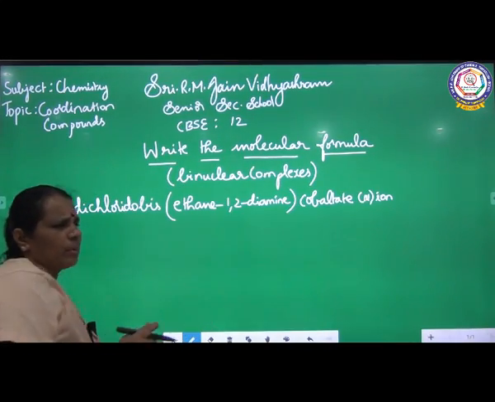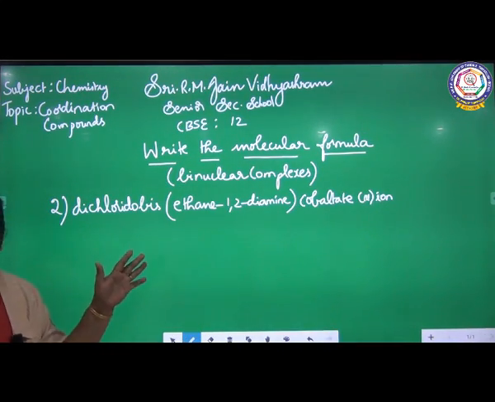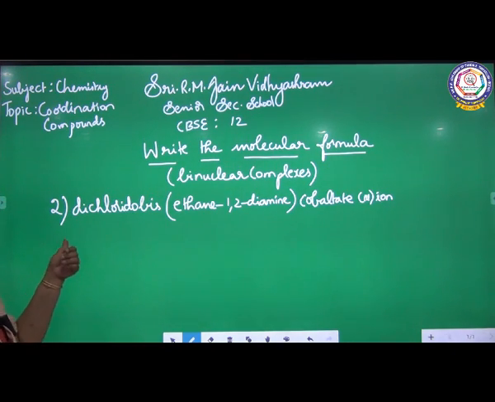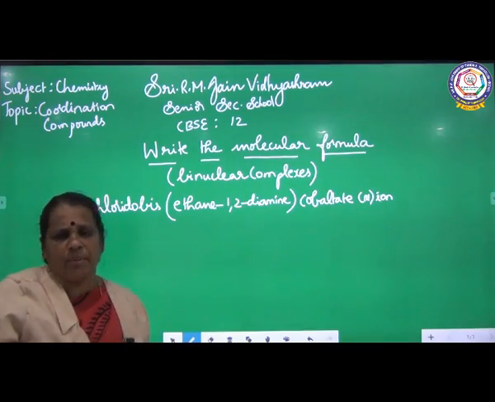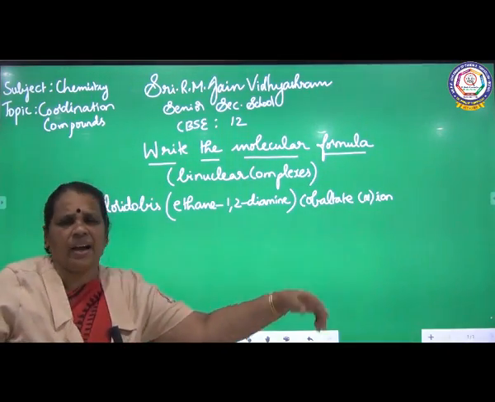So this is the name of my complex. We are going to write the molecular formula for this complex. The name of my complex is dichlorido bis ethane 1,2 diamine cobaltate 3 ion.